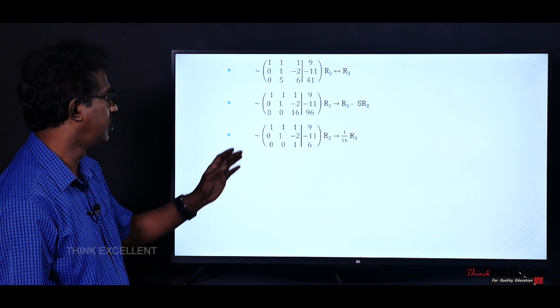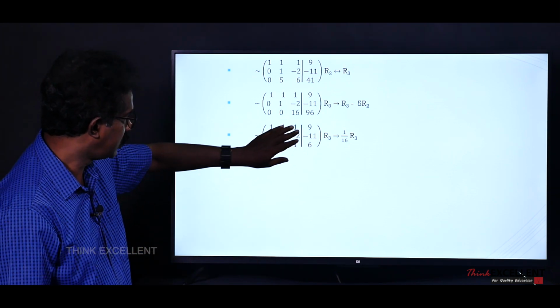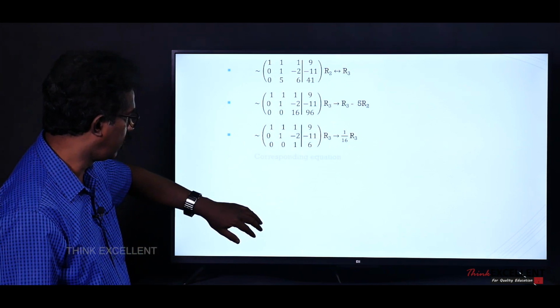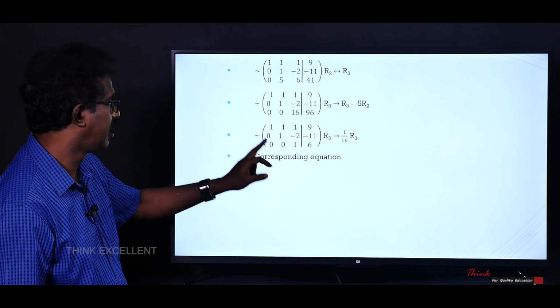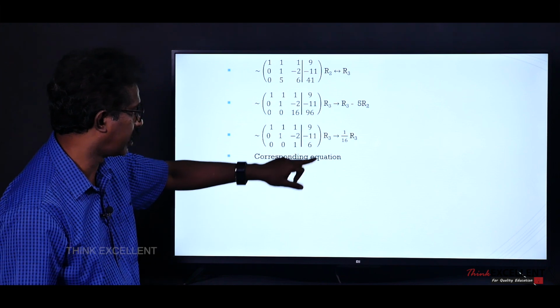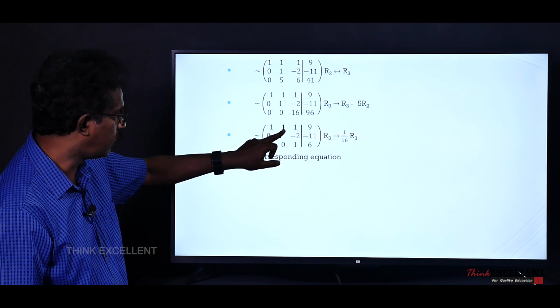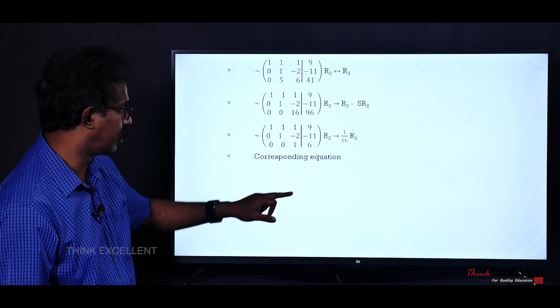Now write it as a matrix equation. This is A and this is B, right? The corresponding equations are: the first row, if you multiply by x, y, z, you will get this. From here you can write the corresponding equation: 1x plus 1y plus 1z equal to 9.